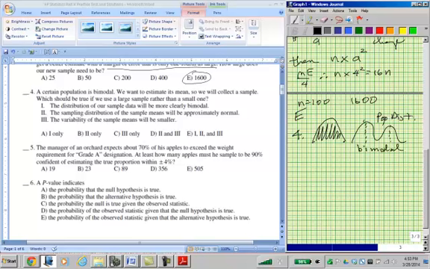The bigger the sample is, the more it's going to reflect the distribution of the population. The distribution of the sample itself will be bimodal, not the sampling distribution. So 1 is true.